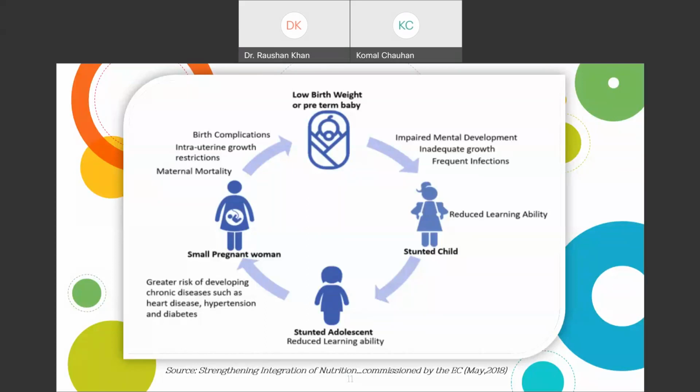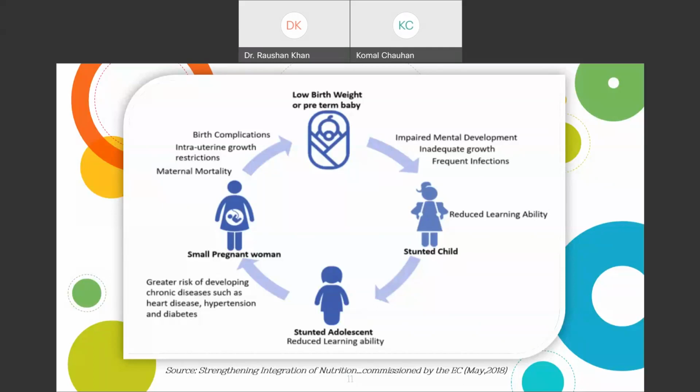And such stunted adolescent girls will become small pregnant women, which will carry greater risk of developing chronic diseases such as heart diseases, hypertension, and diabetes. So these mothers will ultimately produce babies which are low birth weight, because such mothers will have birth complications, intrauterine growth restrictions, and maternal mortality or morbidity.